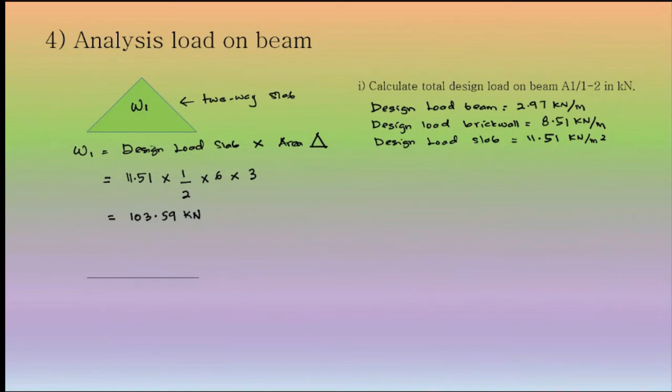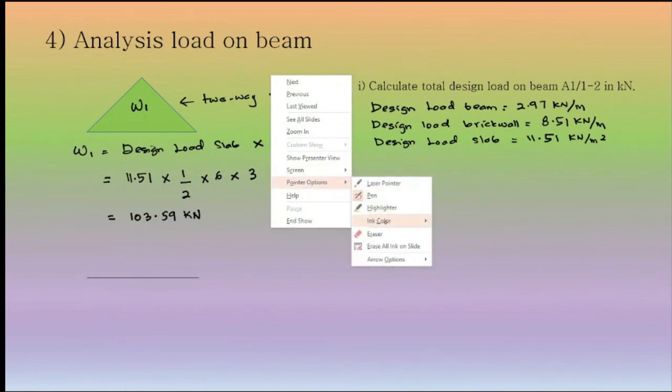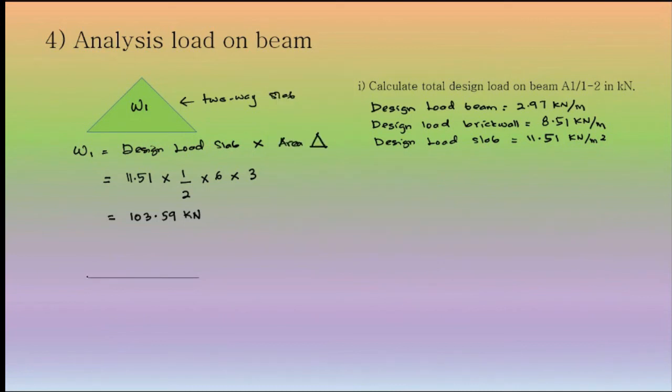Next, we have W2, right? So W2 is one-way spanning slab in UDL. Okay, another one is W2. Okay, we have in UDL shape, uniformly distributed load. Okay guys, I forget to tell you, this triangle shape we call as UVL.